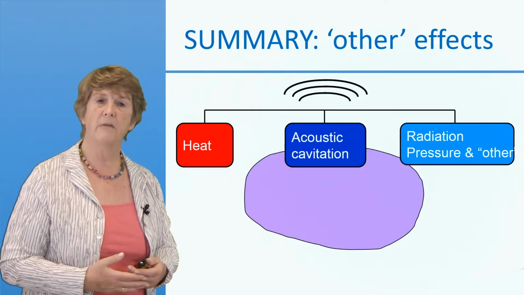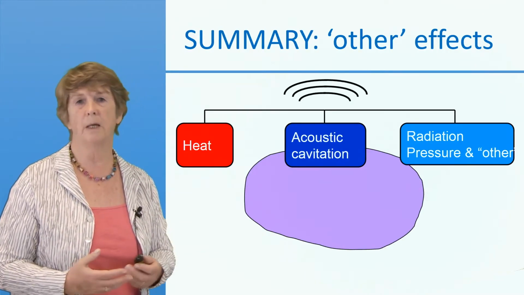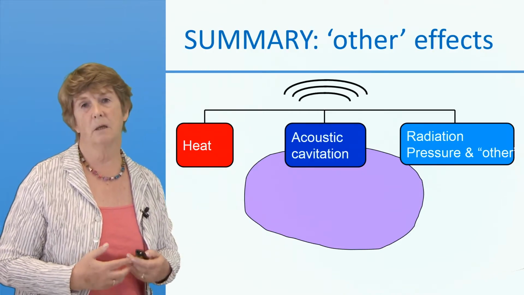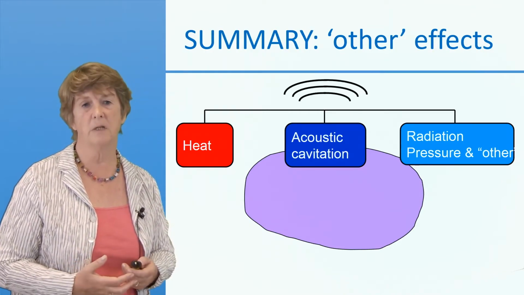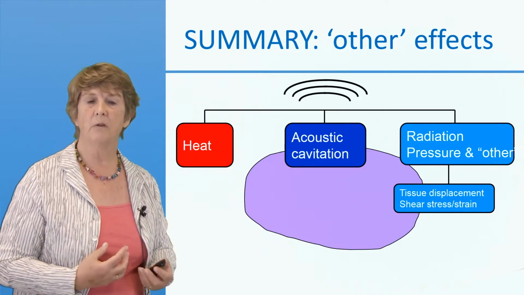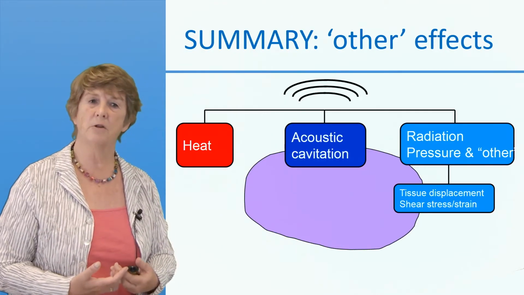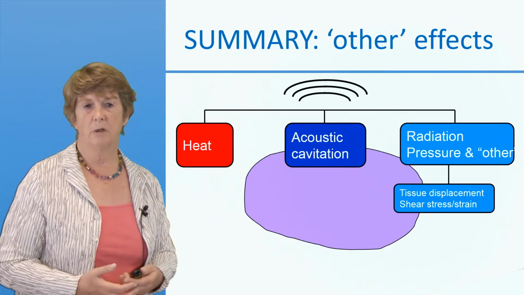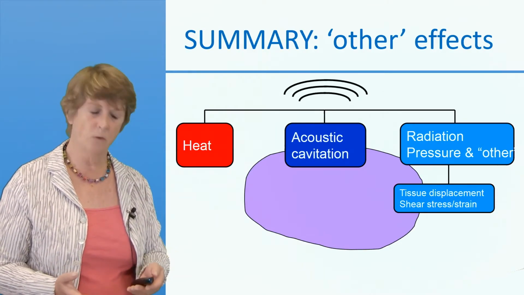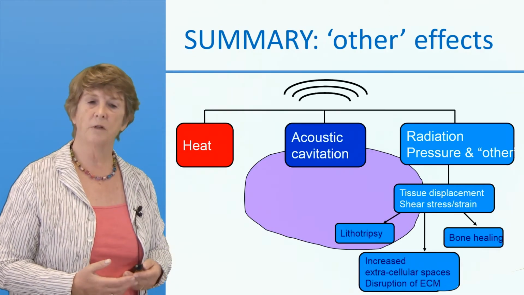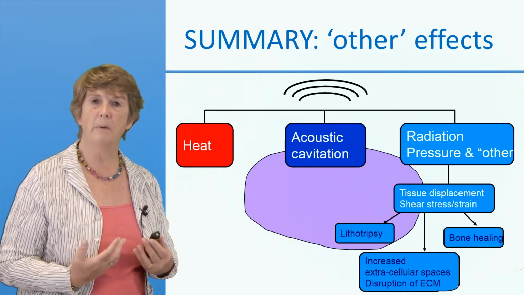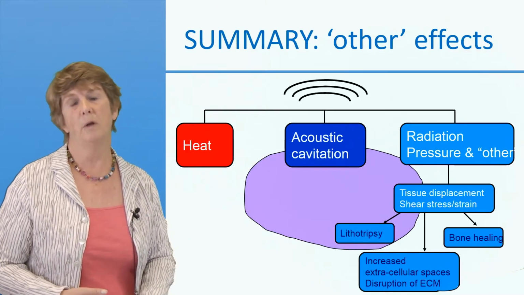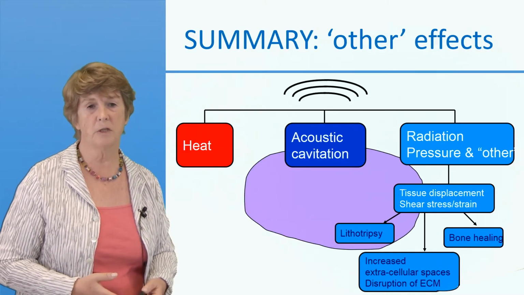There are other effects that I haven't touched on, which I class as radiation pressure and others. These are very much less well studied than heat and cavitation. We know that associated with an ultrasound beam is a radiation pressure effect, and that will displace tissue and may cause very subtle effects, which, for example, may be the reason that we can enhance fracture healing with ultrasound, with very low levels of ultrasound.